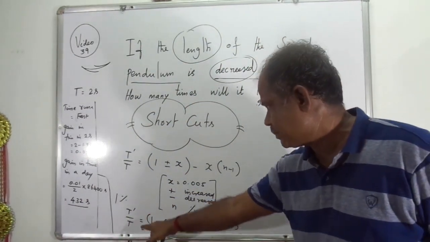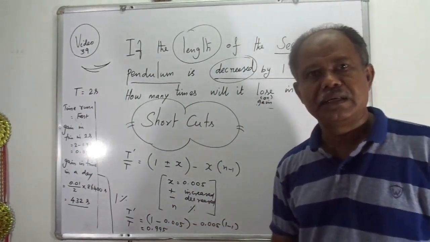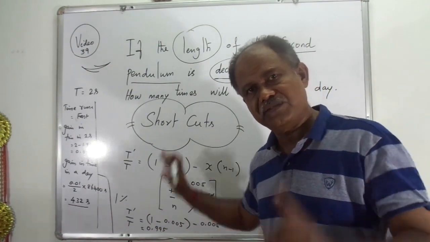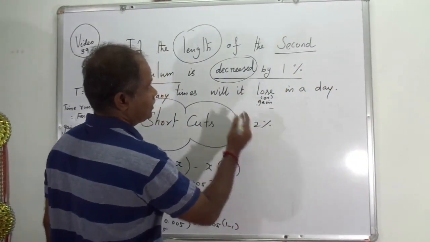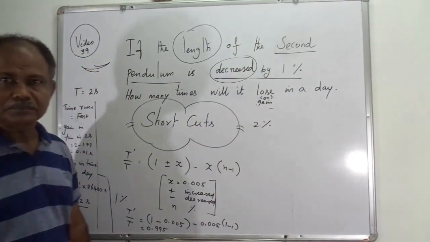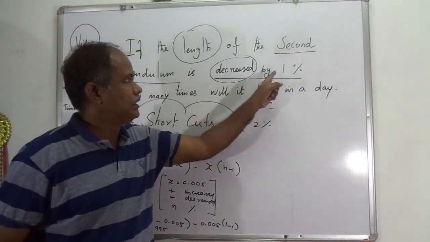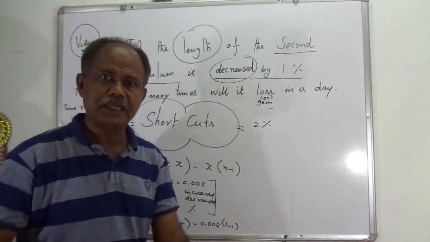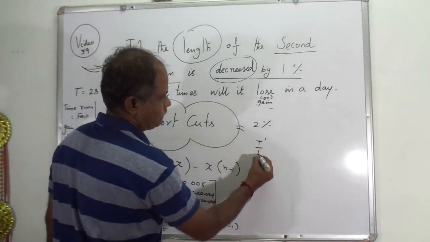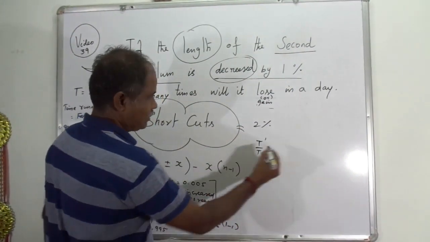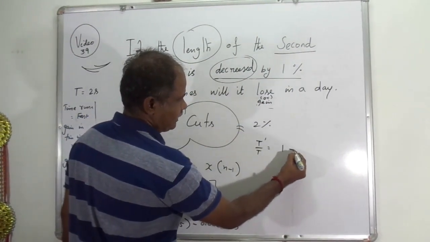So T dash by T is equal to 0.995. For example, if the question asks for a decrease of 2%, then what is T dash by T? 1 minus or plus?